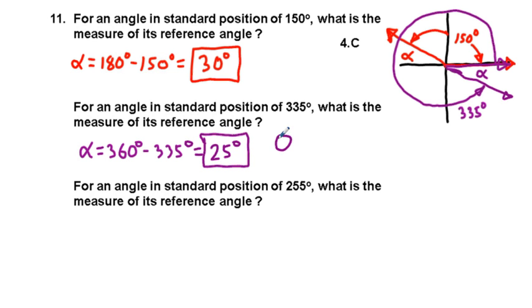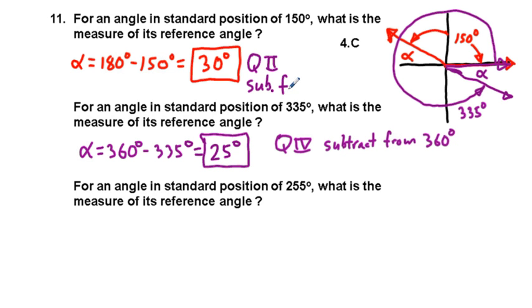So in quadrant 4, we have to subtract from 360 degrees. And in quadrant 2, we have to subtract from 180 degrees.